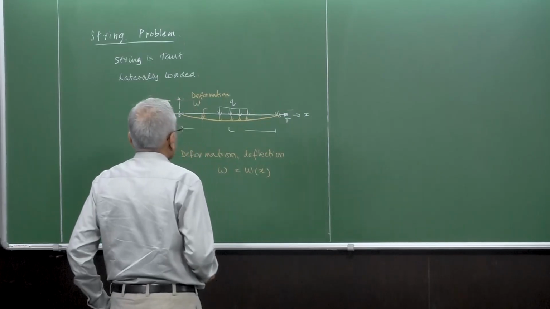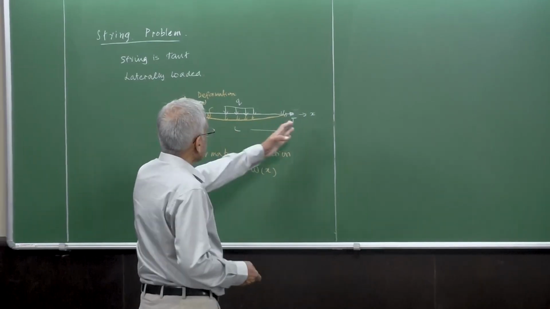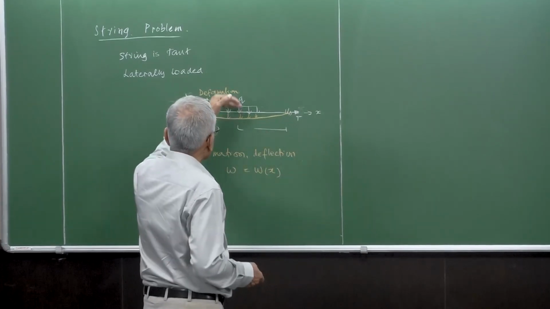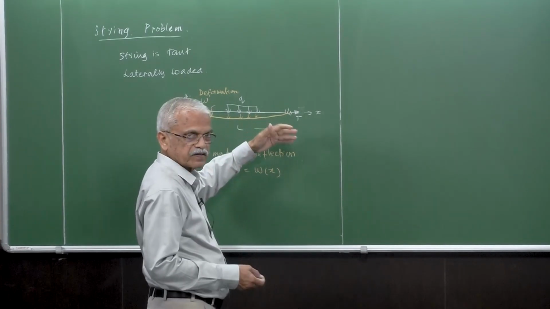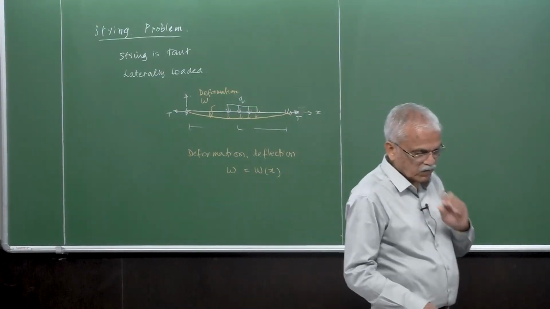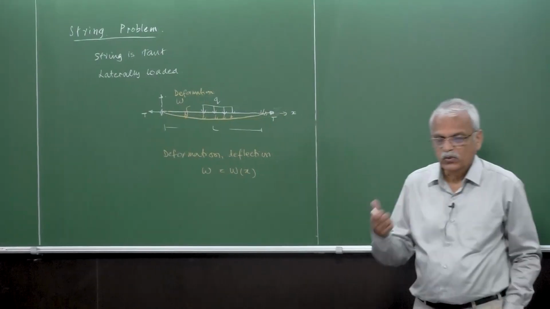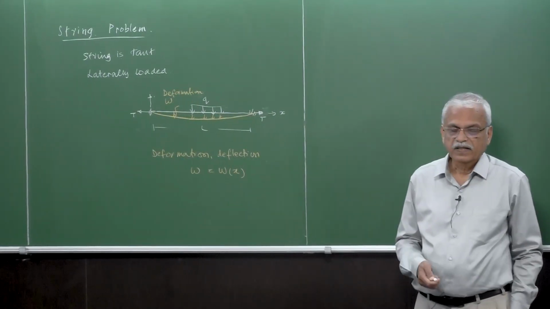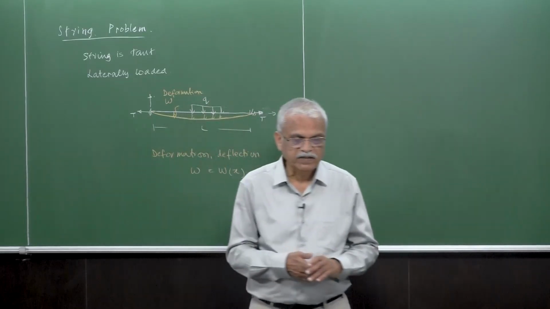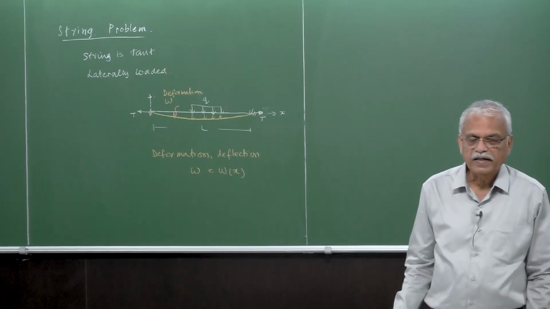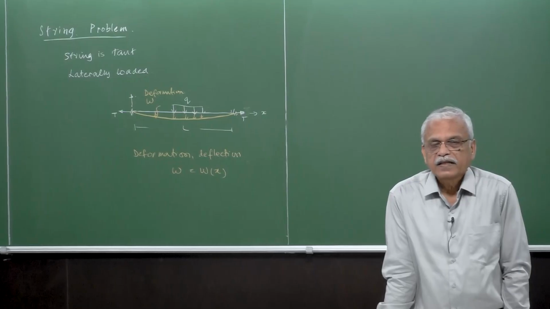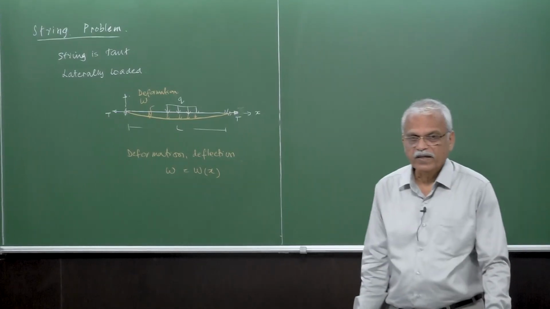Let us see. Now typically I draw a diagram here showing that obviously the deflection is downward. That's what we expect. But to be more precise, to be in tune with the positive convention, upward is positive, in the sense that a force which is acting in the upward direction is denoted by a positive quantity.